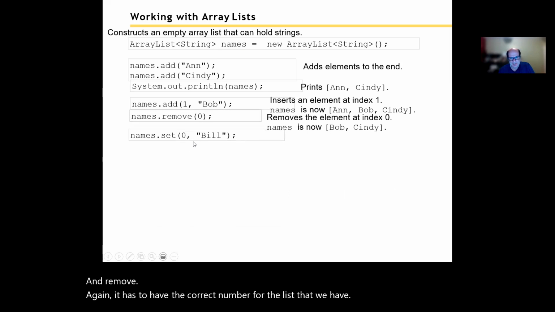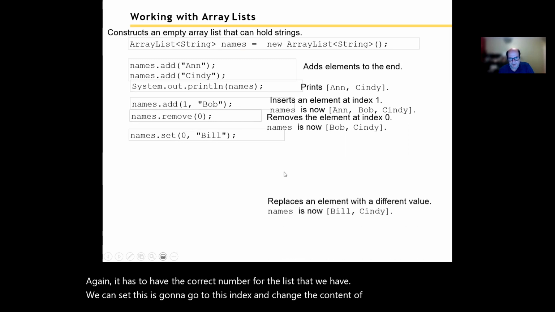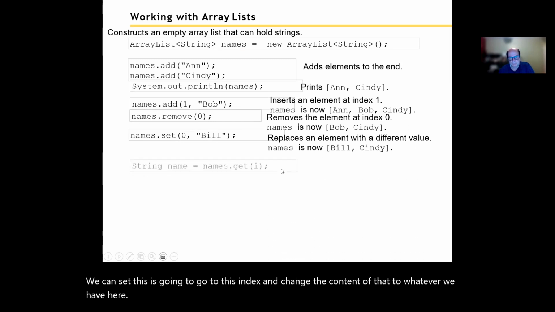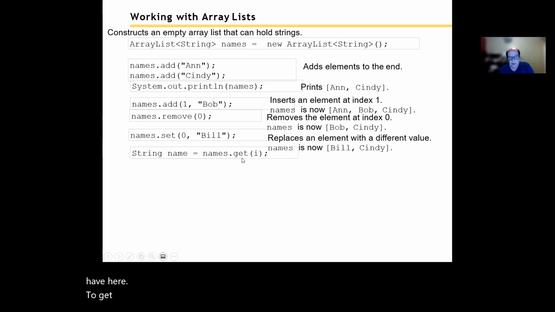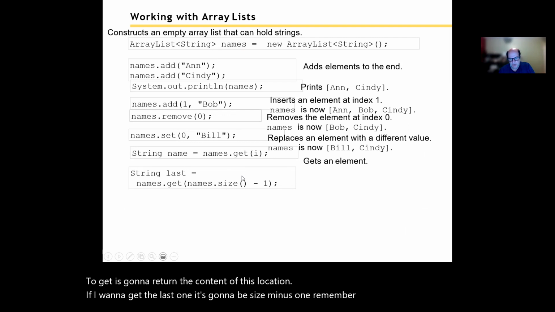We can set, this is going to go to this index and change the content of that to whatever we have here. The get is going to return the content of this location. If I want to get the last one, it's going to be size minus 1. Remember, it's called size.